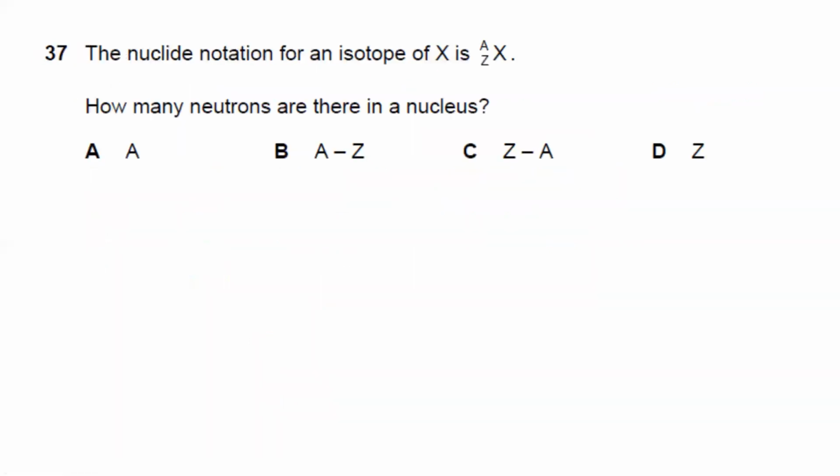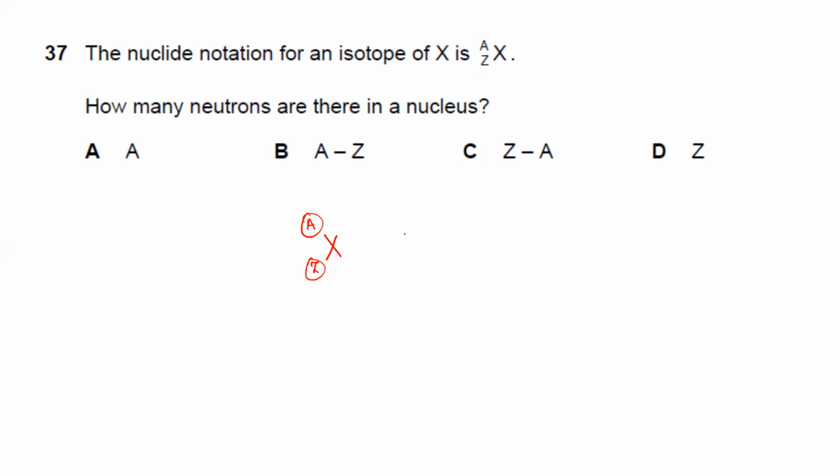Then question 37. It says a nuclide notation of an isotope of X is A, Z, X. How many neutrons are there in the nucleus? Remember, A is the nucleon number, and Z is the number of protons.